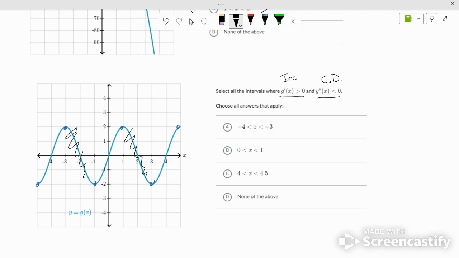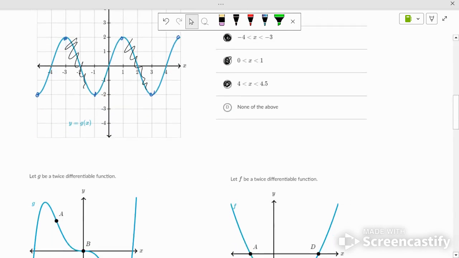Actually, the concavity changes right here, because this is concave up here. It changes right there. So from -4 to -3, it works. And then from like 0 to 1, it works. And then from 4 to 4.5, it would work. So all those would work, where it's concave down and increasing.